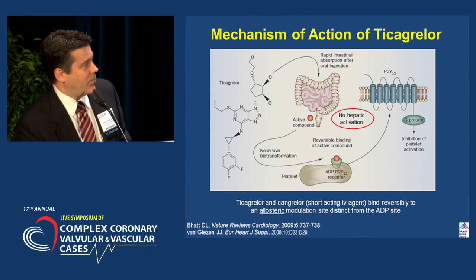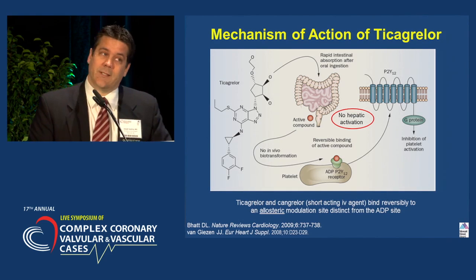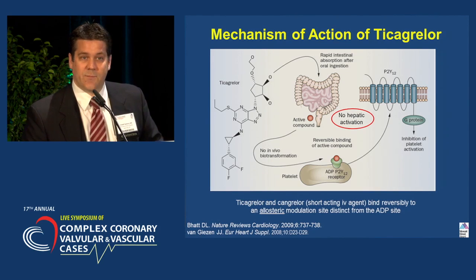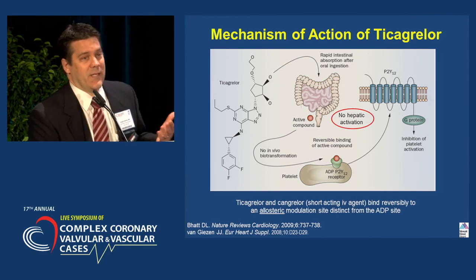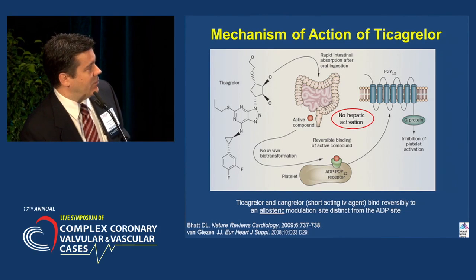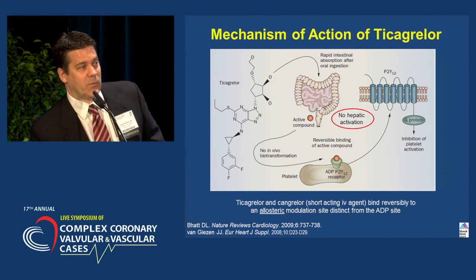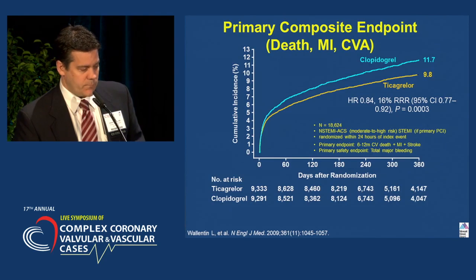The reason why that's important is it's quick on, quick off. That's why it's a twice-a-day drug, which actually can be a little counterintuitive for us because sometimes we have problems getting our patients to take once-a-day drugs. Now we have to have them take a twice-a-day drug. So it gets a little bit dicey after putting a stent in, having patients on ticagrelor, but by and large, they do very well with this medication.